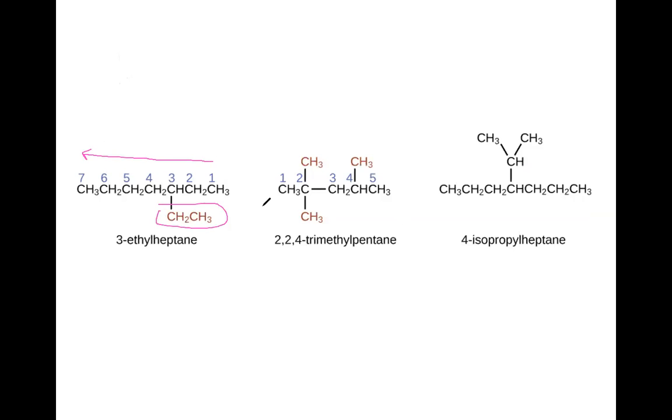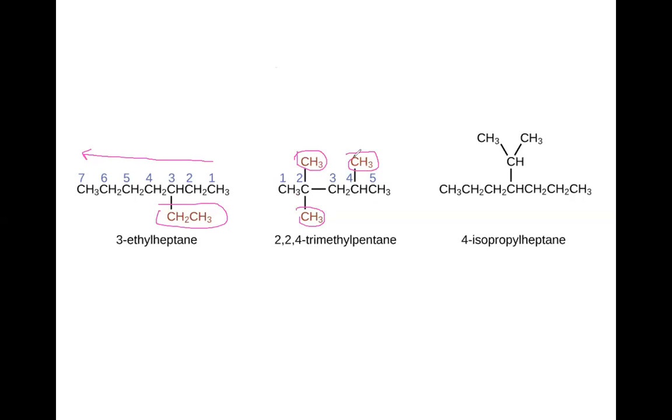A little bit more complicated. What's the longest chain? It's going to be this right here, and that's 1, 2, 3, 4, 5. So it's pentane. And it has a methyl group here, and a methyl group here, and a methyl group here. So it has 3 methyl groups.